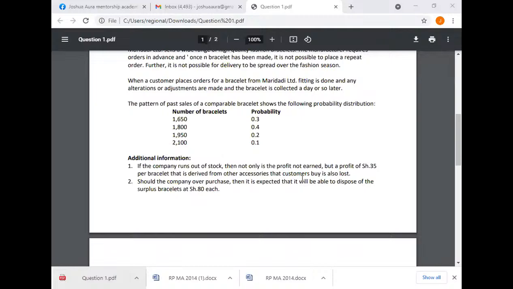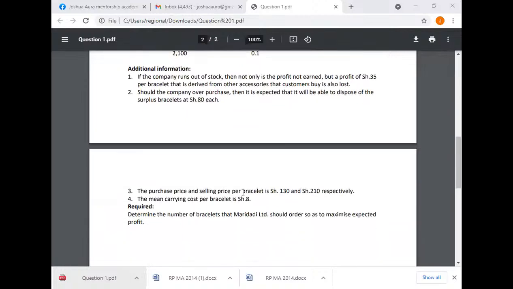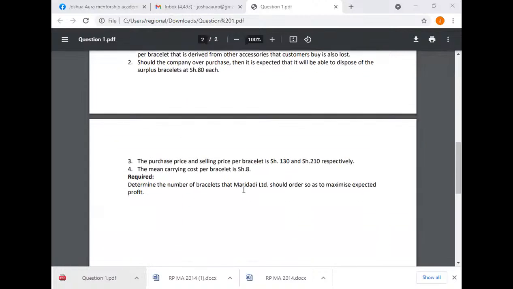Should the company overpurchase, then it is expected that it will be able to dispose of the surplus bracelets at shillings 80 each. Three, the purchase price and selling price per bracelet is 130 and 210 respectively.